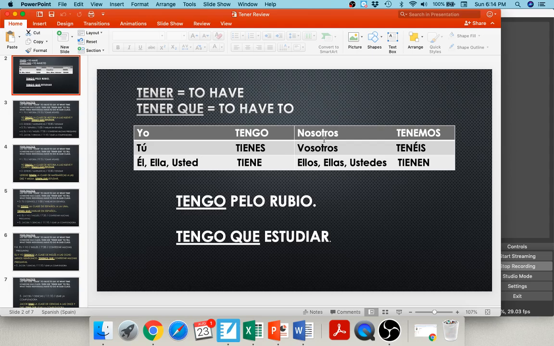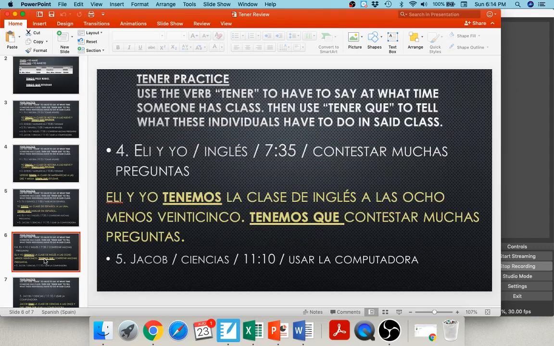We know that we in Spanish is nosotros, and the tener word to go with nosotros in this case should be tenemos. So we're going to say that Eli y yo tenemos la clase de inglés a las 7:35. We have English class at 7:35. In that class, we have to answer a lot of questions. So tenemos que contestar muchas preguntas.